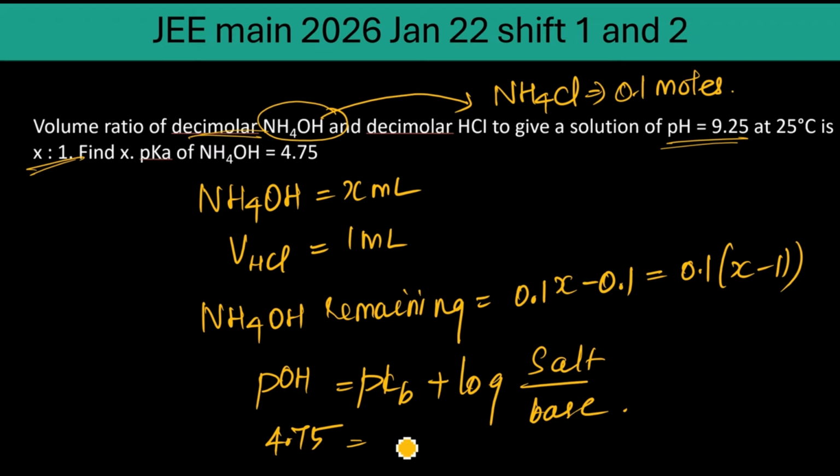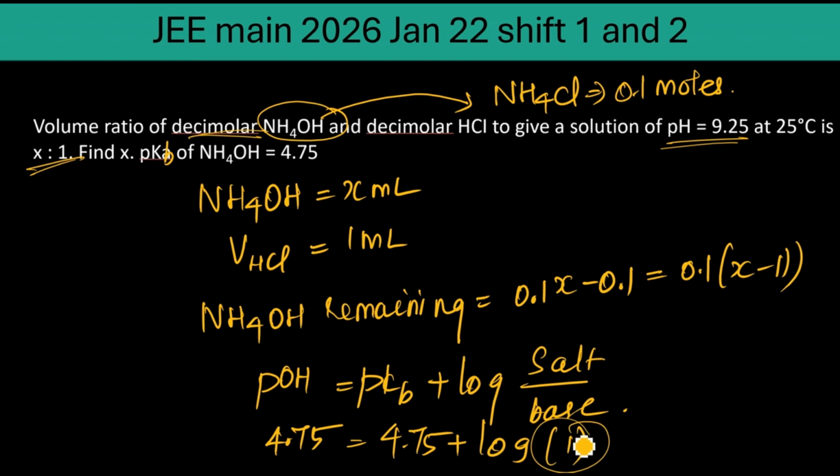And the pKb value is given as 4.75, plus log of ammonium chloride by ammonium hydroxide. So both are decimolar solutions, so that value will become 1, correct?